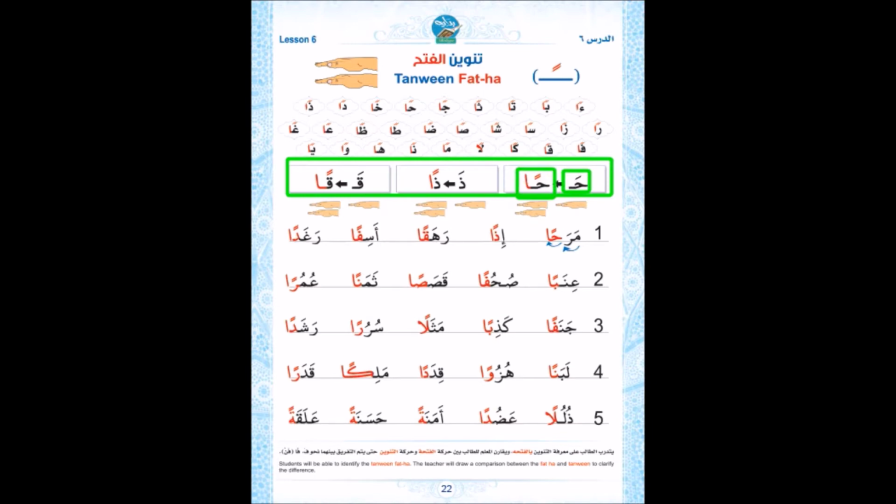So the student, instead of thinking of them as 2 separate concepts, imagines it as 2 fathas and a different sound. Instead of ha, we have han. And similarly, dhal fatha dha, dhal fathatain dhan, qa qan, and so forth.